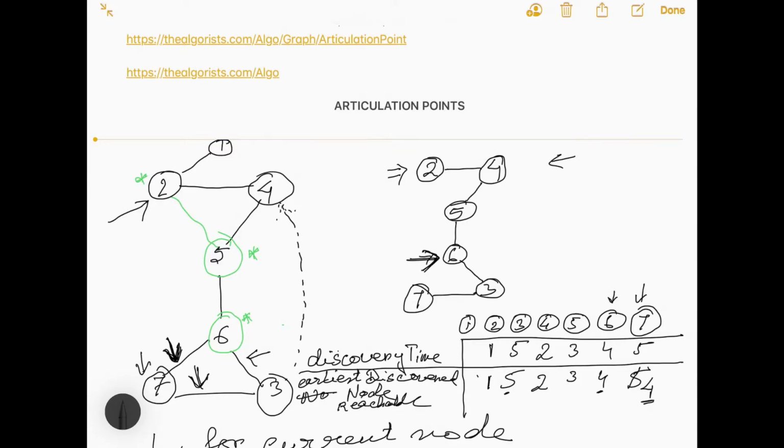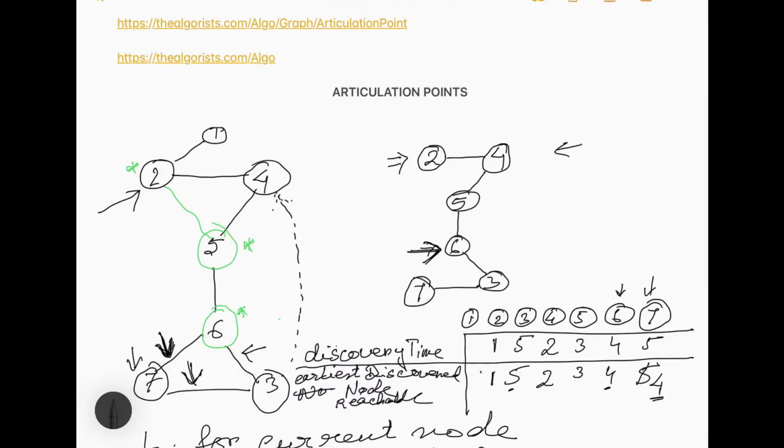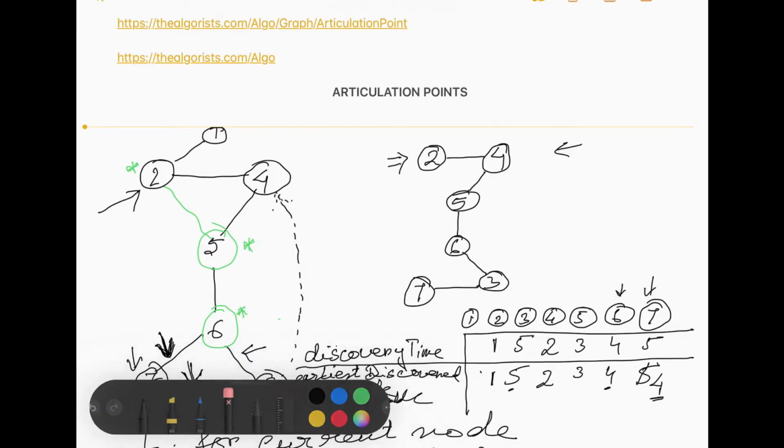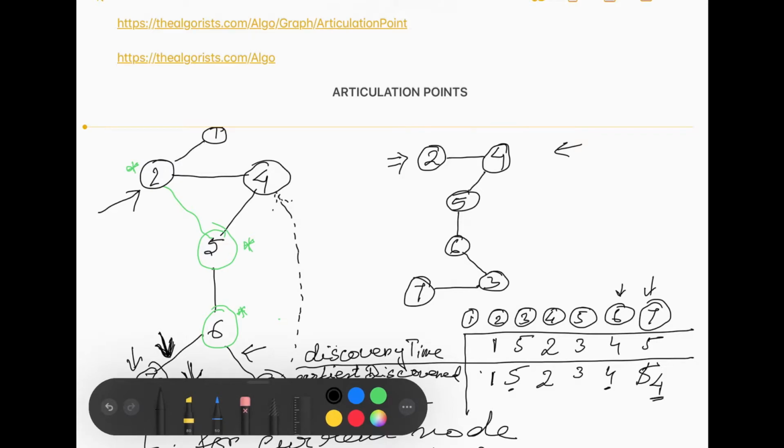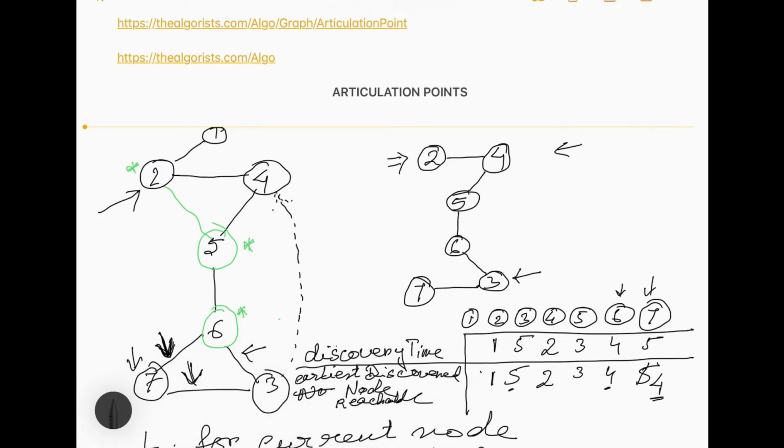So now we backtrack from 7 to 3. Now that we are at 3, we would see what is the earliest discovered node we can go to from 3 using its adjacent nodes.